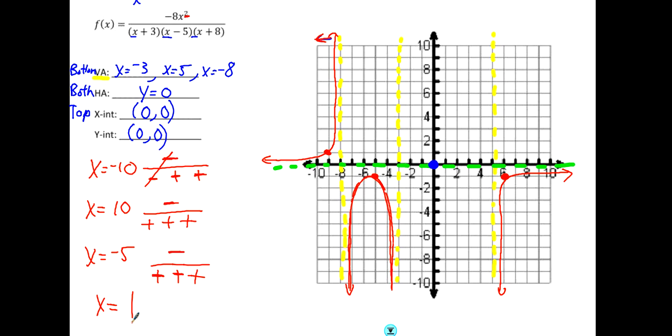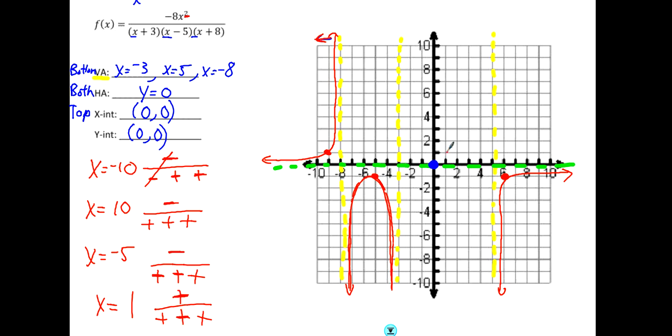Okay, you could have used -1 or -2, but why have a negative sign flying around if you don't need it, right? So plug in 1. 1 squared is 1, times -8, top is still negative. 1 plus 3 is positive. 1 minus 5 is negative. 1 plus 8 is positive, and a negative divided by a negative is positive.